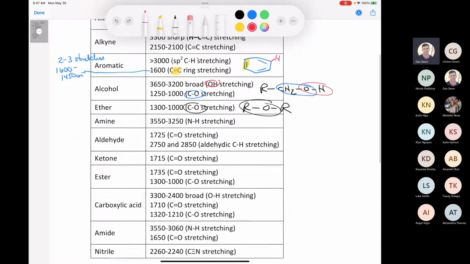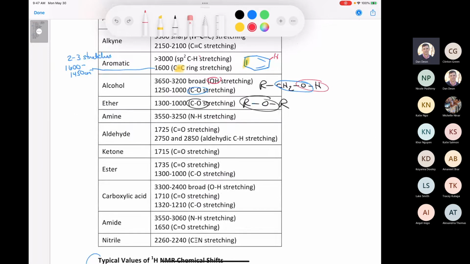An aldehyde, the carbonyl, you notice that a carbonyl shows up in an aldehyde, a ketone, an ester, a carboxylic acid. Oh, it's also found in an amide. All those carbonyls, you can see that they're anywhere between 1650 for the amide all the way up to 1735 for the ester. So they're usually in the early 1700 region.